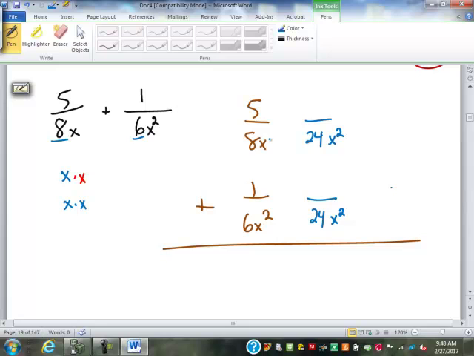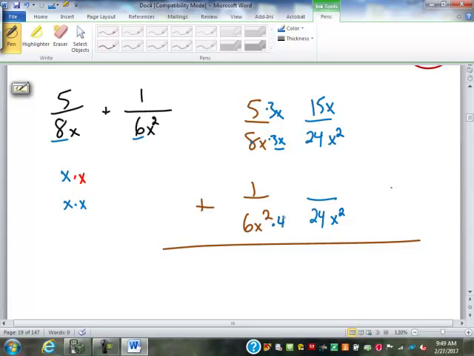Now I have to ask, what did I have to do to the 8 to turn it into a 24? Multiplied by 3. What did I do to the x to turn it into an x squared? Times x, right? So that's multiplied by 3x. So the numerator has to be multiplied by 3x. So 5 times 3x is 15x. On bottom, to turn the 6x squared into a 24x squared, what did I do to the 6?